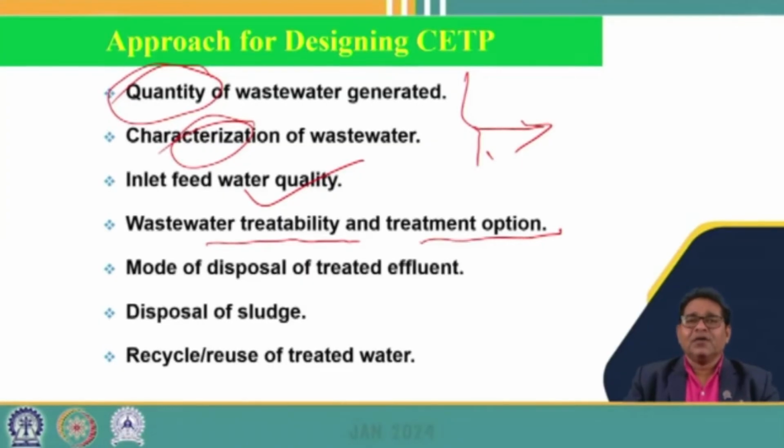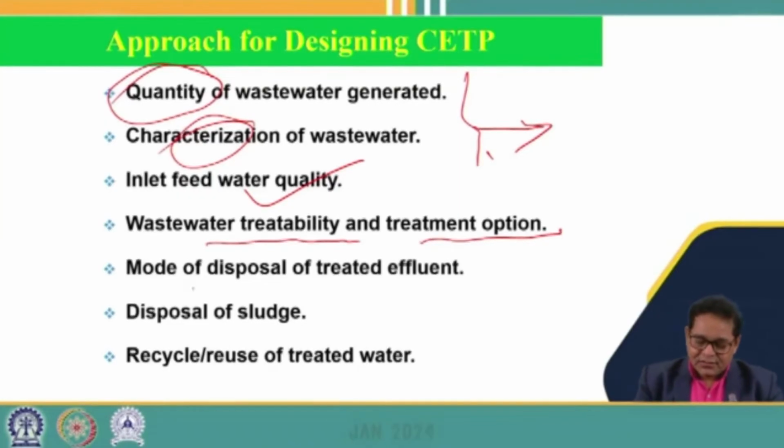So we will look into the various processes which are used for removal of a particular pollutant, and accordingly we decide the unit operations, like what are the different physicochemical units, chemical treatment systems, biological treatment systems, and then what type of tertiary treatment system, because when we design a common effluent treatment plant, all these components and units are desired in order to meet the environmental discharge standards.